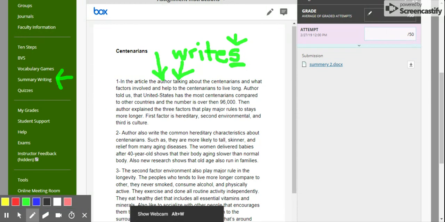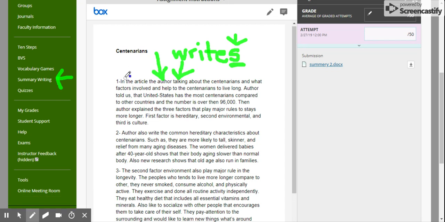Okay, so one of the other things that I wanted to tell you about was you have a number of places where you can combine sentences and it would make more sense. So let's look at this first example. The first sentence should have the main idea. And you said, about the centenarians and what factors involved helped to the centenarians to live long.